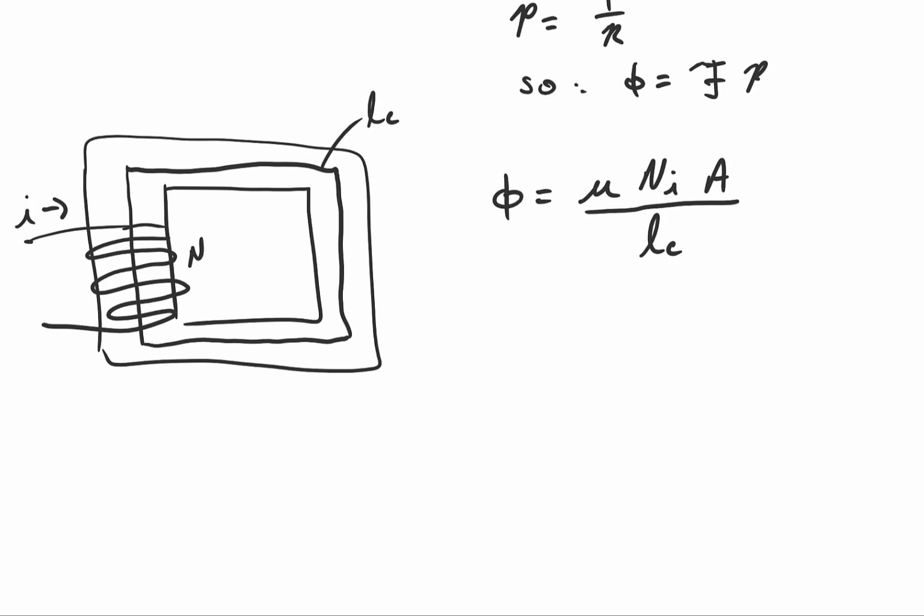And this comes from Ampere's law. Mu, the term mu here, is the permeability of the core. And that is, to a large degree, a material property when the core is not saturated. And then just another value that we'll need is mu0, and that's the permeability of free space.